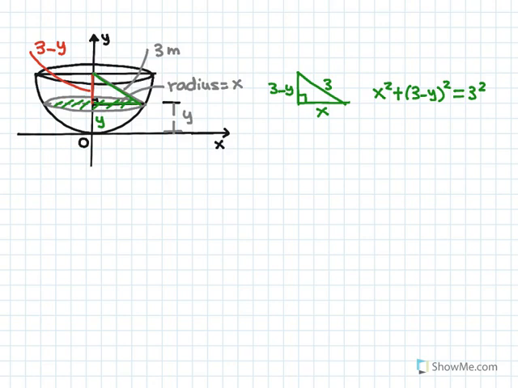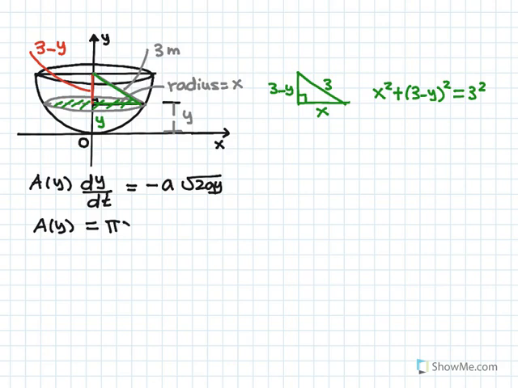All right, so we have Torricelli's law: A(y) dy/dt is equal to minus a root 2gy. Now, the cross-sectional slice has the area of a circle. It's pi times radius squared, and the radius is x, so the area is pi x squared.